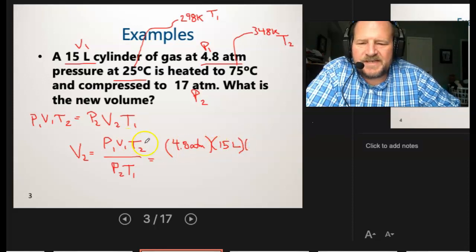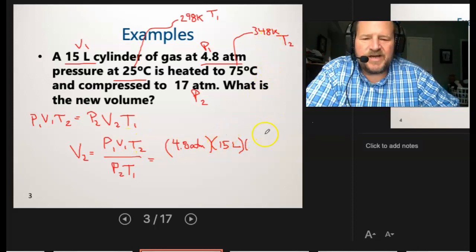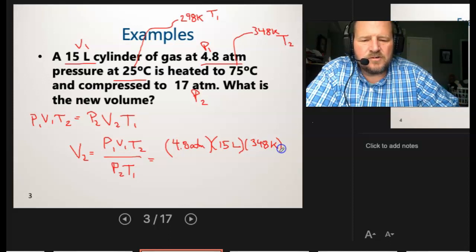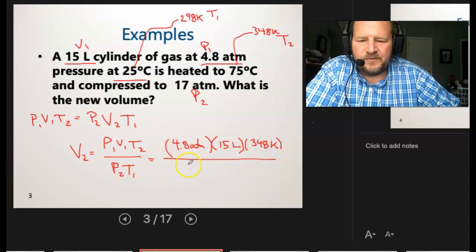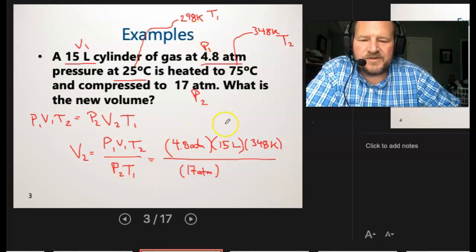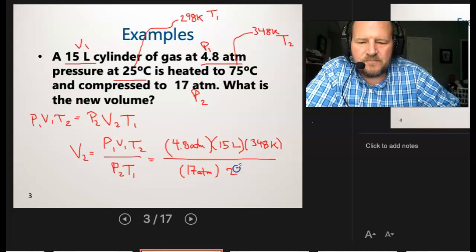We're going to multiply that by T2, which we said was 348 K. Then we're going to divide all of that mess by P2, which is 17 atmospheres, times T1, which is 298 K. All right, atmospheres cancels out.